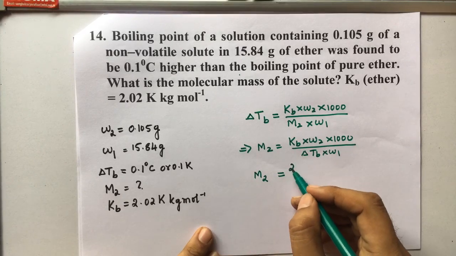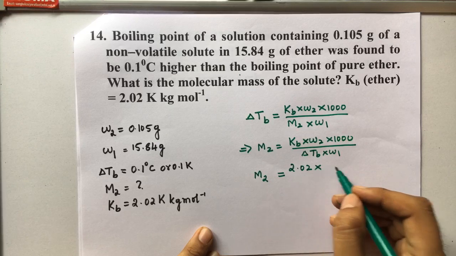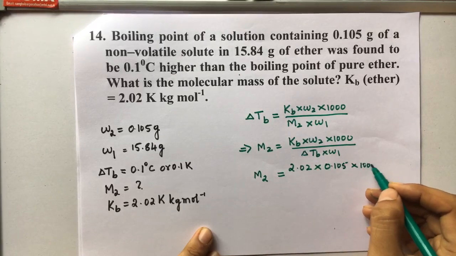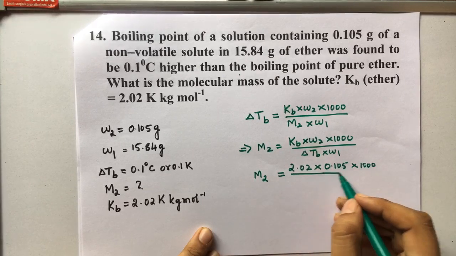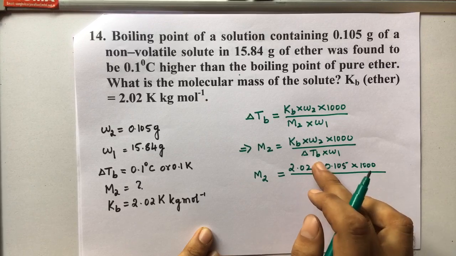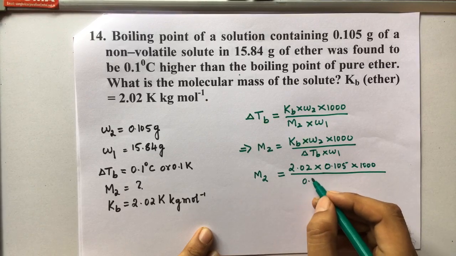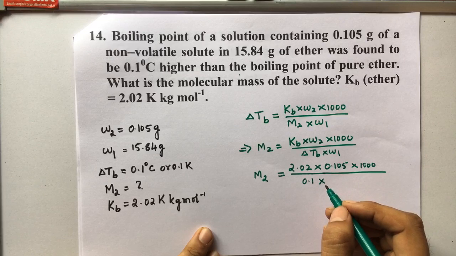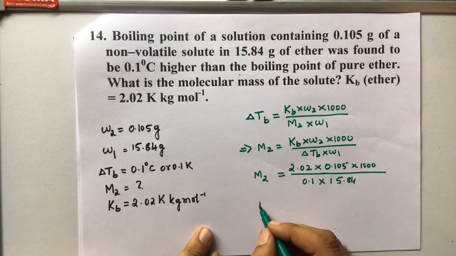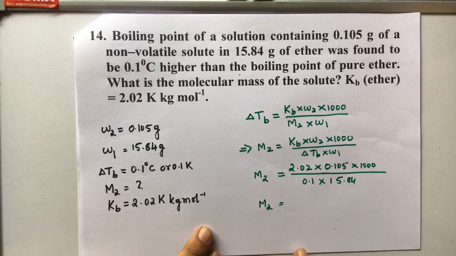Kb is given as 2.02 into W2 is given as 0.105 grams into 1000, divided by, molar mass of the solute has to be calculated, delta TB is given as 0.1 multiplied by W1 is given as 15.84. Solve this using calculator, students, you'll get the answer. A simple question.